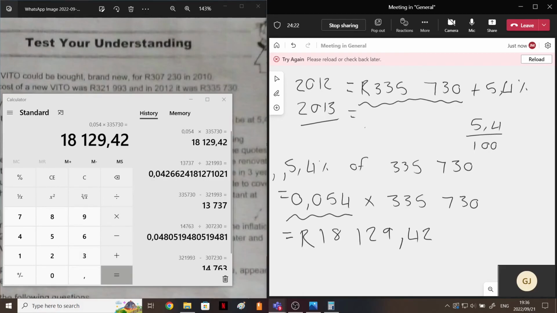That's not the end of the question, because that only shows us what the 5.4% of 335,730 is. They want to know what the new price is. So we now need to take the old price and add the inflation. In this case, all that we're going to do is take 335,730 and add the amount that we just calculated, which is the inflation amount, 18,129 Rand and 42 cents.